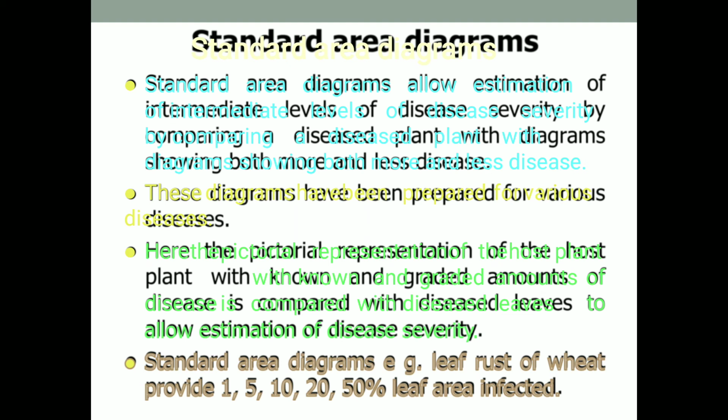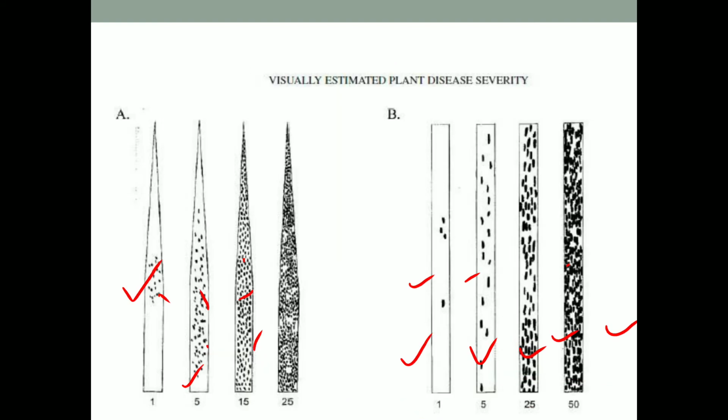For example, that standard area diagram, the example of leaf rust of wheat, provides 1, 5, 10, 20, 50% leaf area affected. Here just like this 1%, 5%, 50% or 25%.